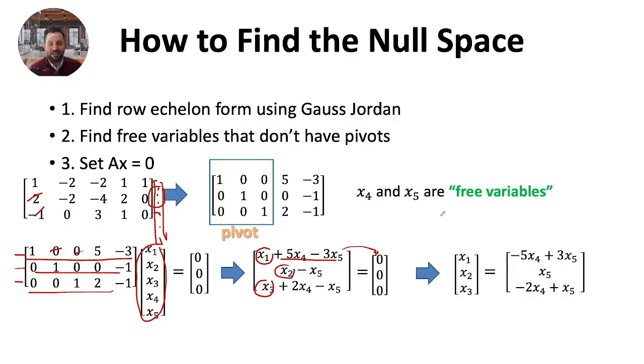So I have my x1, x2, x3 equal to this form of inputs. Let's remember what we are trying to do. We're trying to find a null space for this matrix, the set of vectors that go to 0 even though they are not 0. There's no number here, so all of these vectors are going to be represented with respect to my free variables.